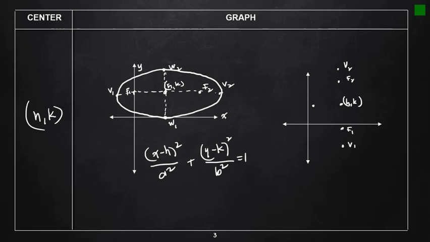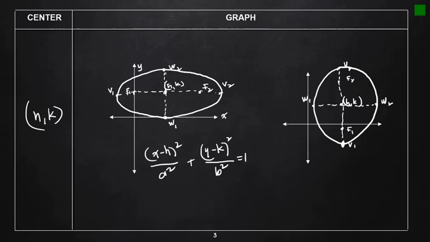And let this be W sub 1, and this one W sub 2. Then we connect the points with a smooth curve. Alright, so that's how our ellipse would look. As you can see, this is already our major axis, and this one is our minor axis.